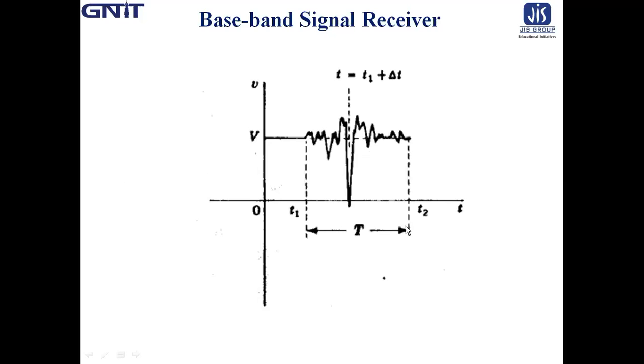Here, noise has been superimposed on the level plus V, so that the voltage represents the received signal and noise. If now the sampling should happen to take place at a time t equal to, say, T1 plus delta T, an error will have been made.